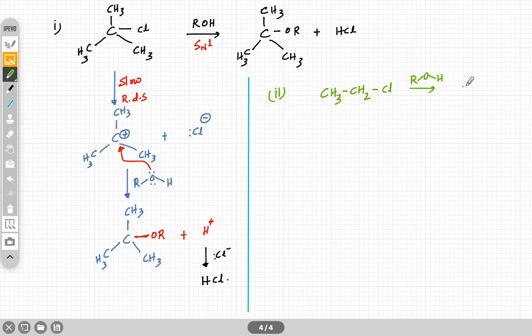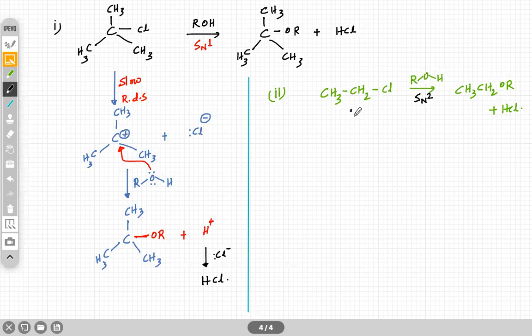This also forms CH3CH2OR plus HCl. The product you see, one step, it looks very similar, right? But the mechanism is different here. Here the mechanism is Sn2.